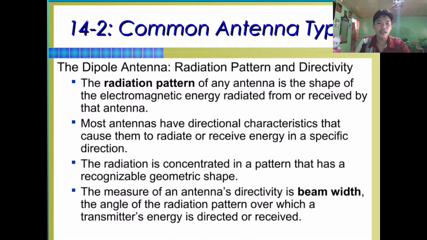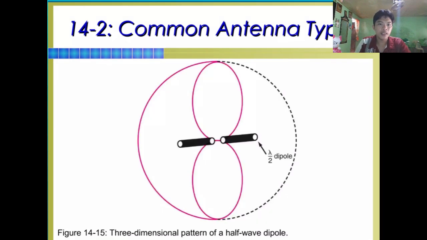The measure of an antenna's directivity is beam width, the angle of the radiation pattern over which a transmitter's energy is directed or received. This figure shows the three-dimensional pattern of a half-wave dipole, which is a lambda over 2 dipole.